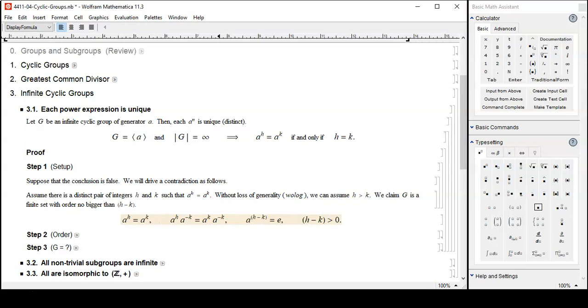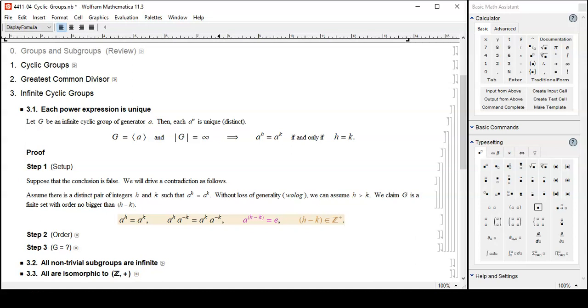That's greater than 0, but everything is an integer here. All these powers are integer powers. So actually, you can say that this belongs to Z plus, the set of positive integers, and a to that power belongs to e, highlighted in purple and brown respectively.